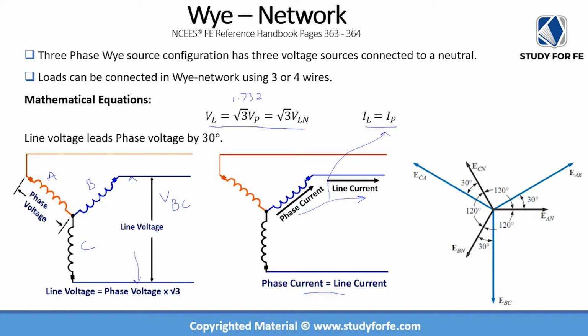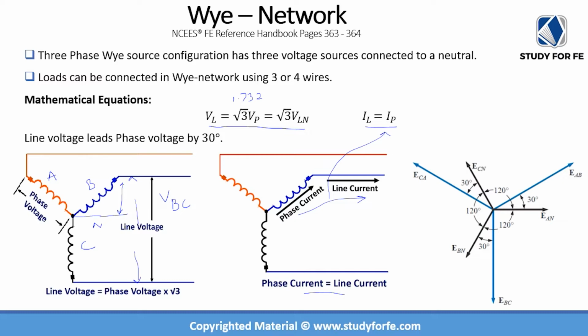In this case, this voltage is greater than the voltage between phase B and the neutral. So if I were to bring out the neutral, and measure the voltage between B and N, then that would be less than VBC.